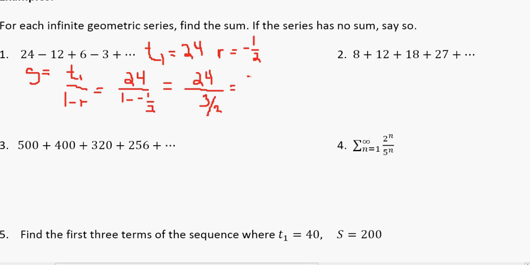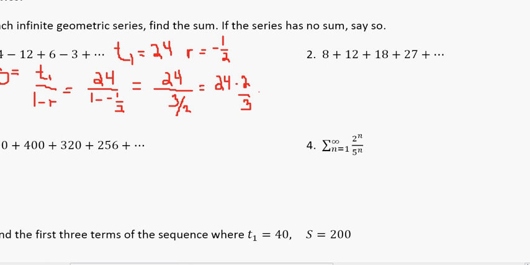And if we remember correctly, dividing by a number is the same as multiplying by its reciprocal. So that's 24 times 2 over 3. And that answer is 16. So that one definitely has a sum, and the sum is 16.